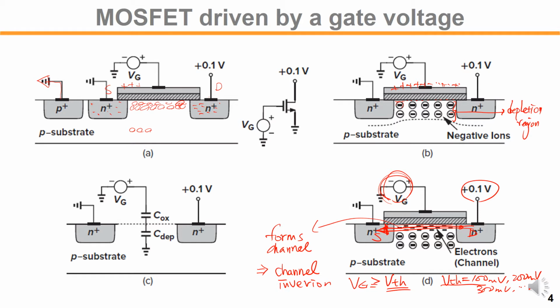Once this kind of channel forms, we can see this device structure as a linear passive element. We can model that between gate and channel there is some amount of capacitance, COX, and between the channel and the P substrate there is a gap through the depletion region, which also causes a depletion capacitance.